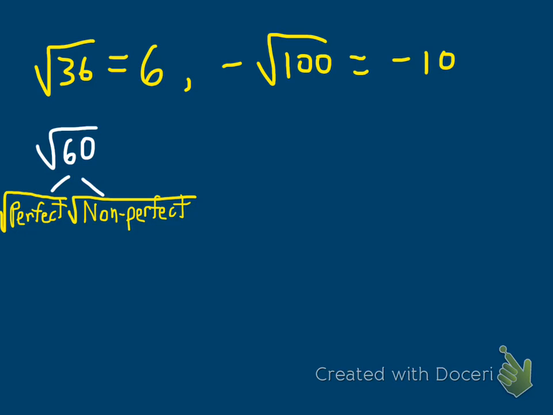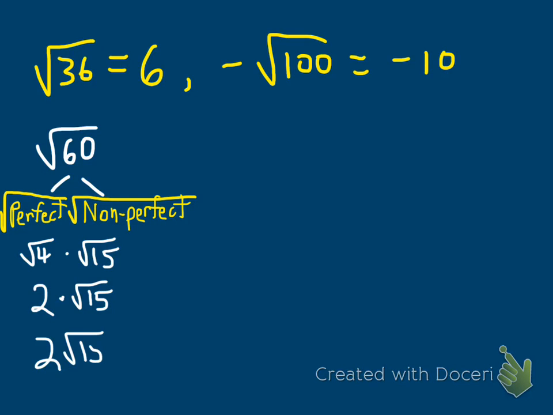And the only one that I can see that is a perfect square other than 1 is the number 4. We don't want to really use the number 1 because the square root of 1 is 1, and that doesn't really simplify anything further. So we have the square root of 4 times the square root of 15. Well, we know that the square root of 4 is 2.